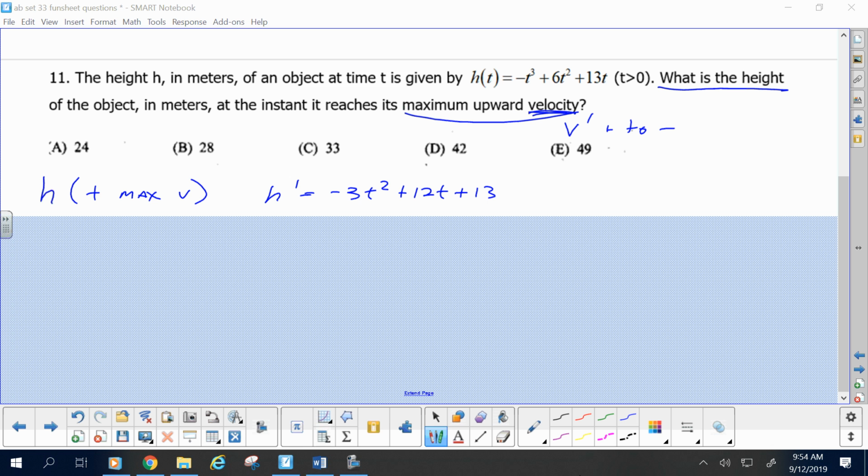Big review time. What is velocity? It's change in position over time, yeah? Okay, and what are they calling position in this problem? Height, change in height over time. So, I ask you again, what is velocity? It's dh/dt, or the derivative of the height, okay?